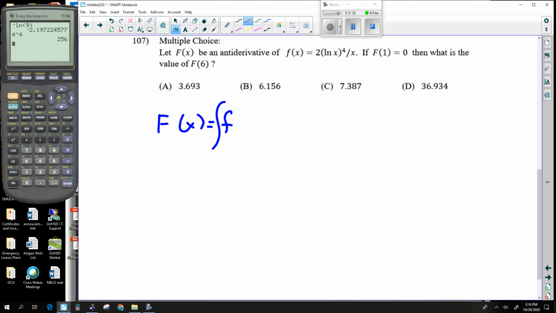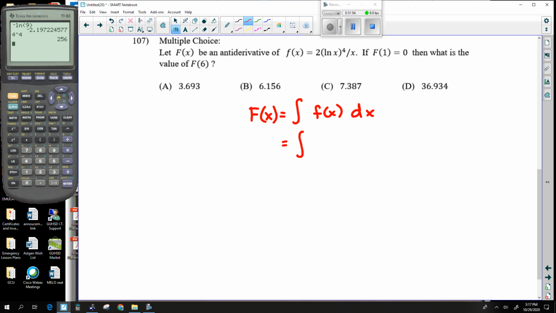Not a big deal. So what we're going to do is begin by taking the antiderivative of little f, and that's going to be equal to F. Okay, so we're going to just straight up start with that portion of the problem.